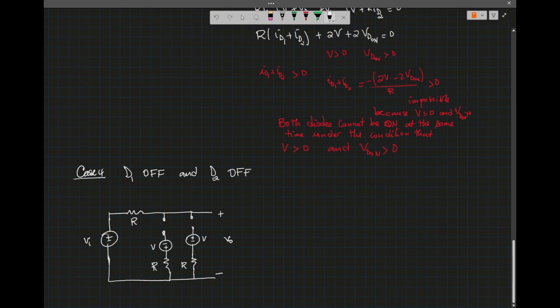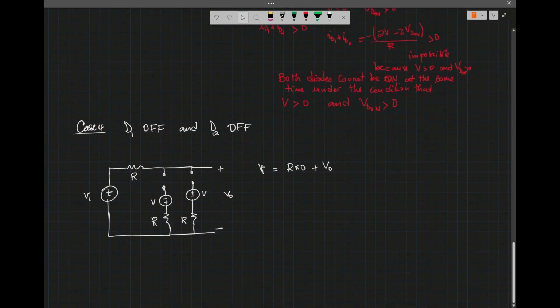There's no current in the network, so VI is equal to R times 0, there's no current, plus V0. So for this case, VI equal to V0, or V0 equal to VI.